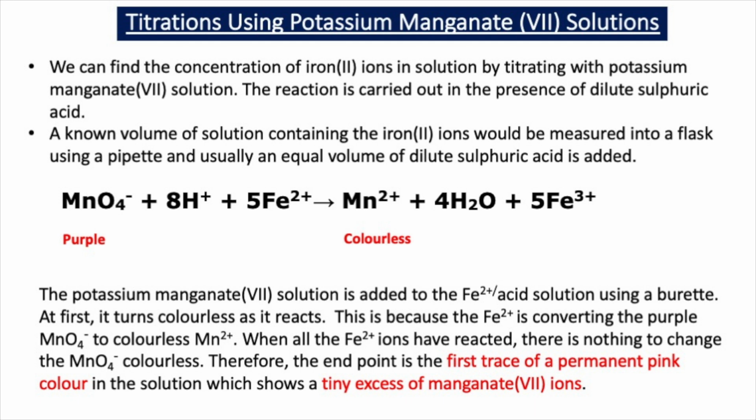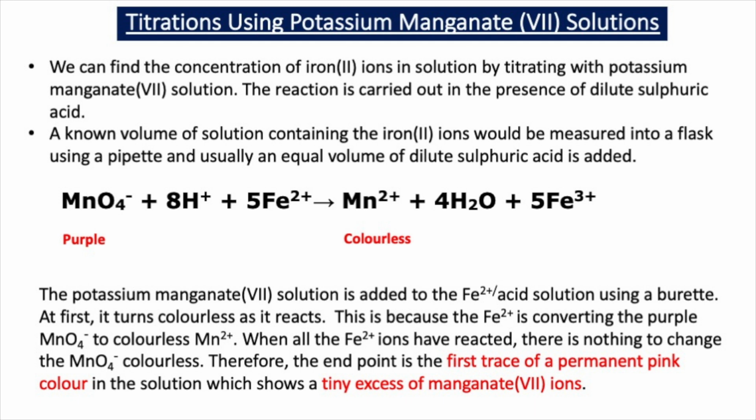So now we're going to look at a redox titration in action. With potassium permanganate solution, we have an oxidizing agent here, and it can be used to oxidize substances such as Fe2+. We can find the concentration of Fe2+ ions in solution by carrying out this titration.